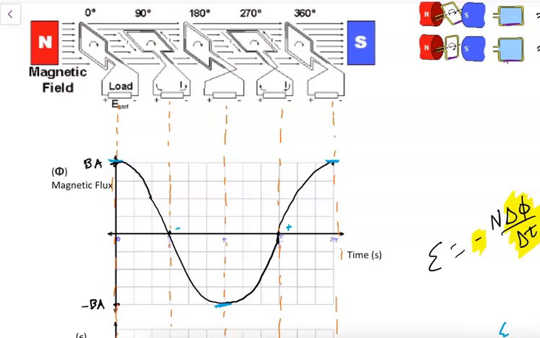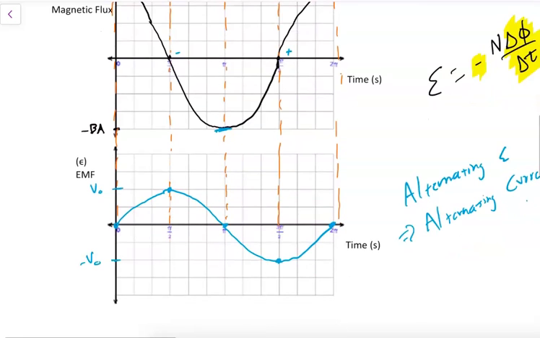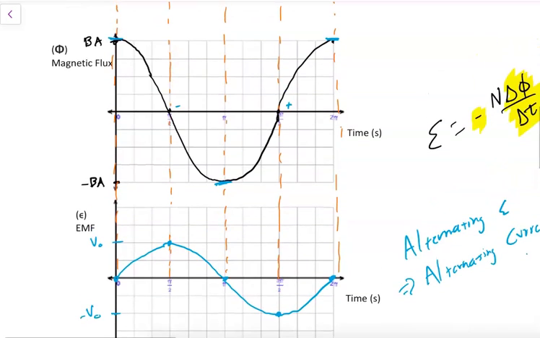We want to find the rate of change of magnetic flux to get to an EMF, and specifically the negative rate of change. So we need to find when the magnetic flux is at maximum, changing the most, and we end up with a sine graph if we had a cosine magnetic flux graph. And that tells us there's an alternating EMF and therefore an alternating current, which still produces electricity.